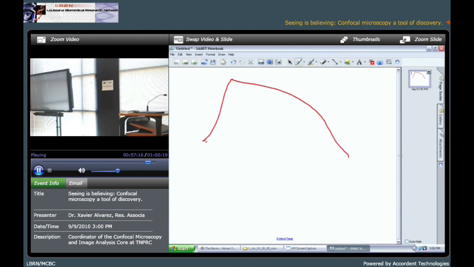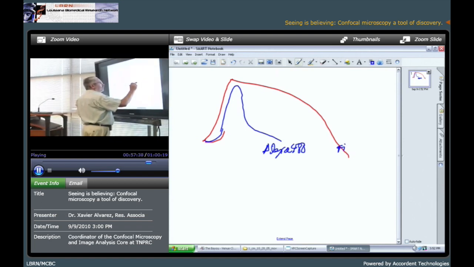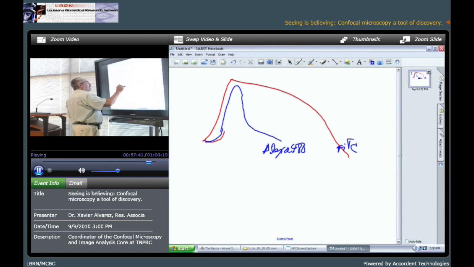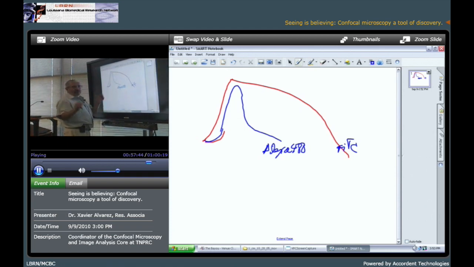I didn't quite see the wavelength. This is Alexa 488, and this is FITC.